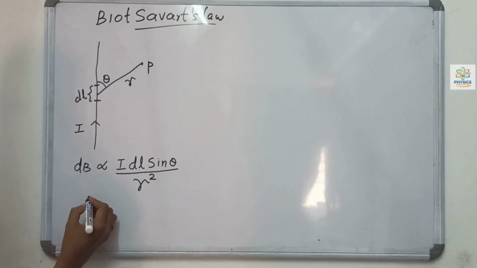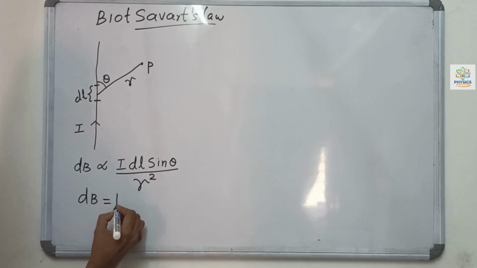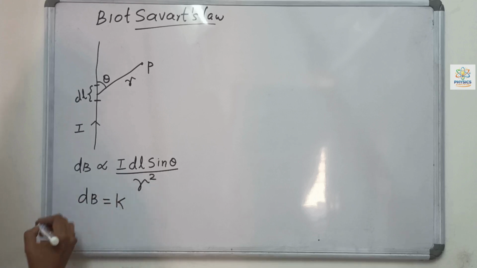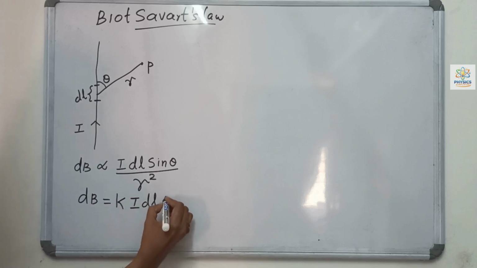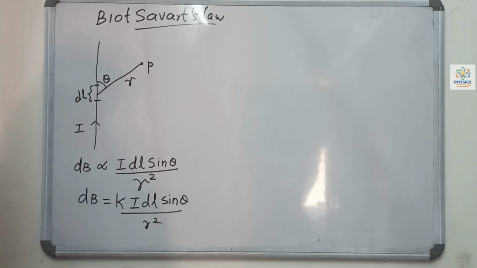To remove this proportionality, we have to introduce a constant. The constant is K. So dB is equal to K into I dl sine theta by R square.